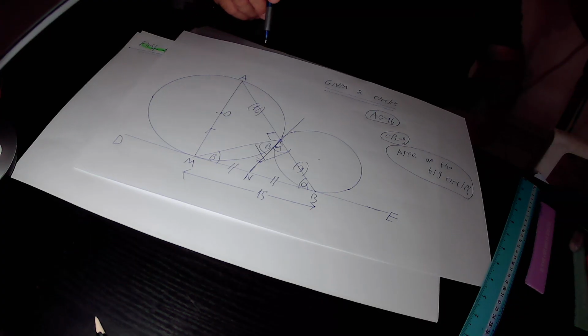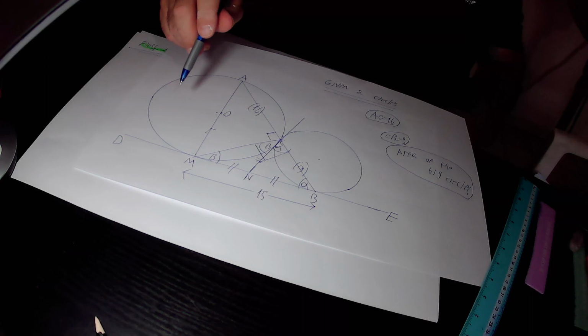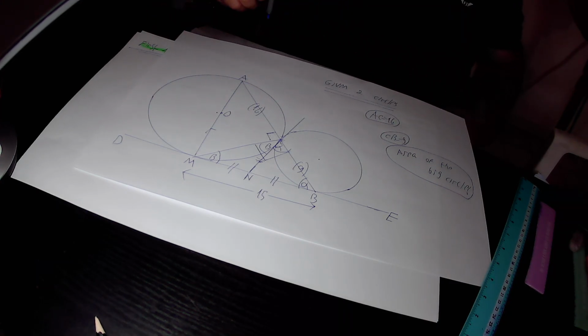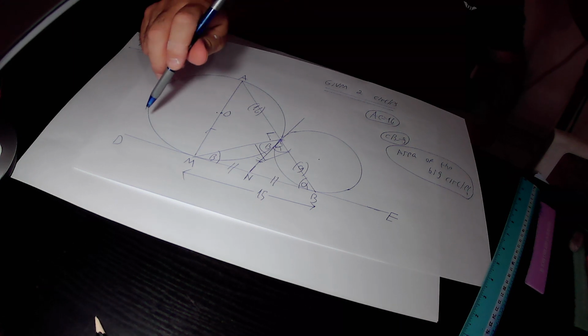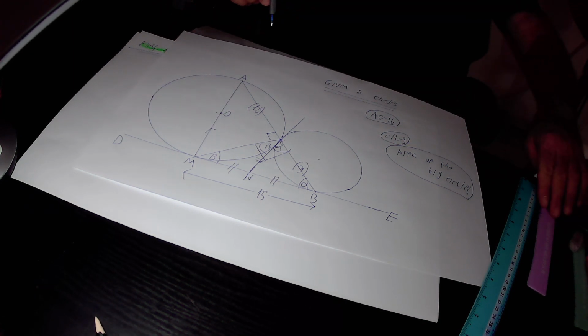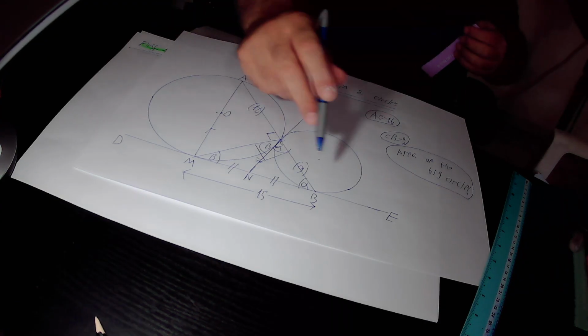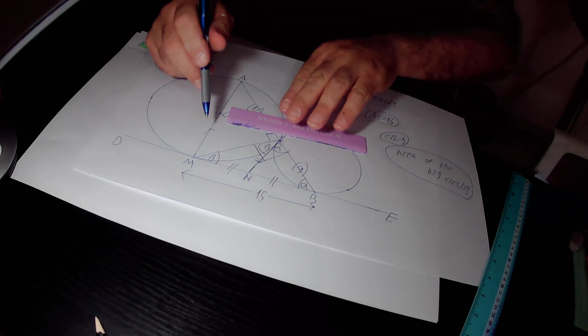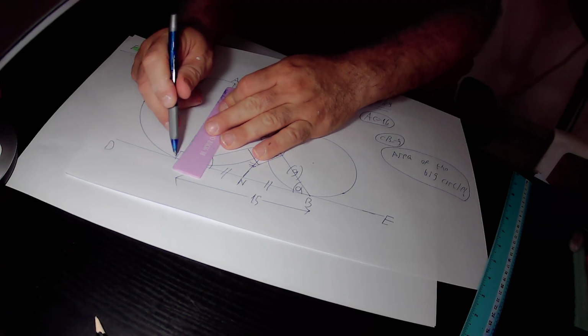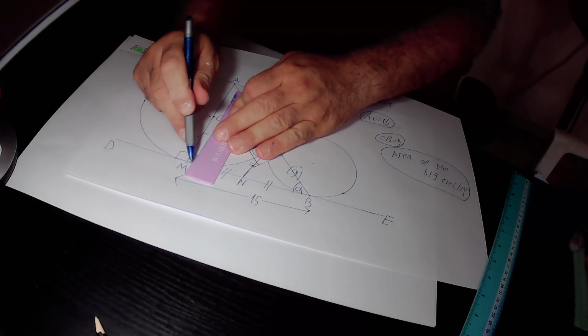If DE is perpendicular to MO, it means that this angle equals 90 degrees, and this angle also equals 90 degrees according to rule 1.